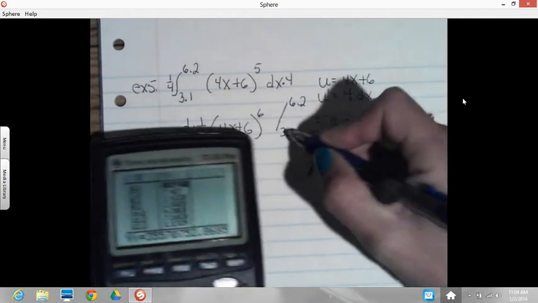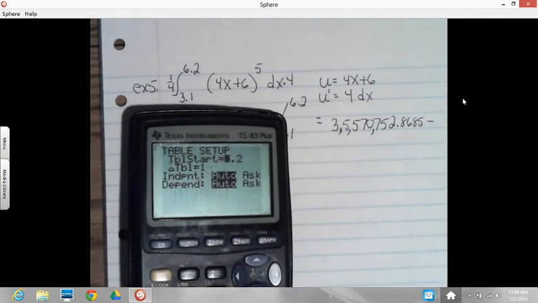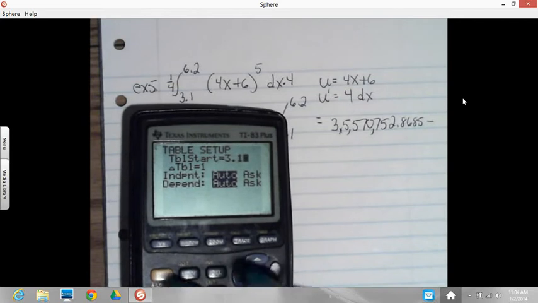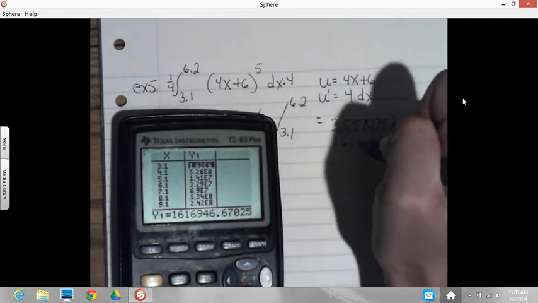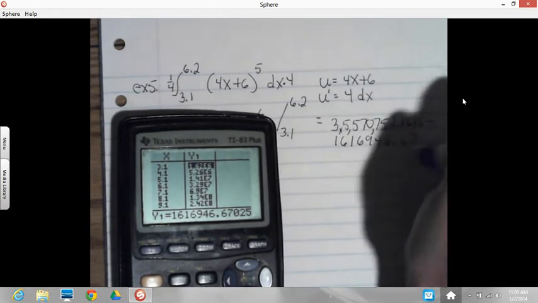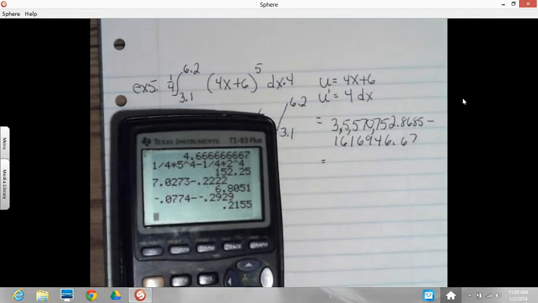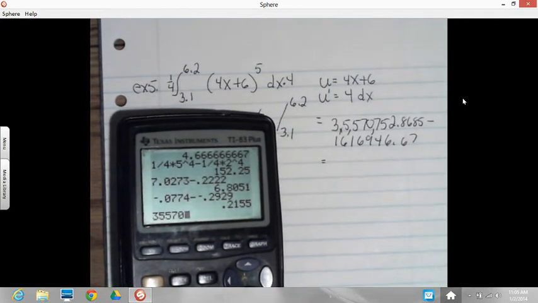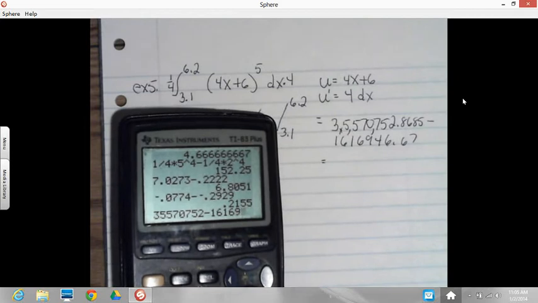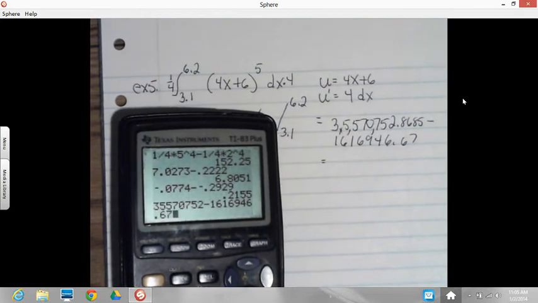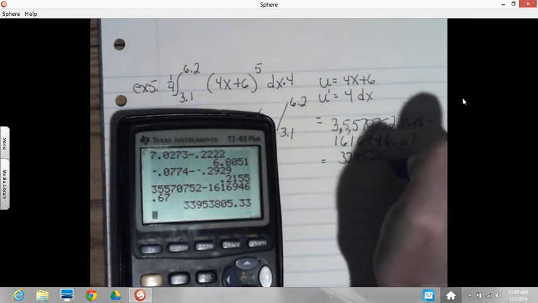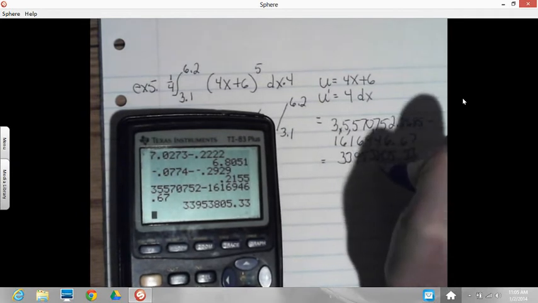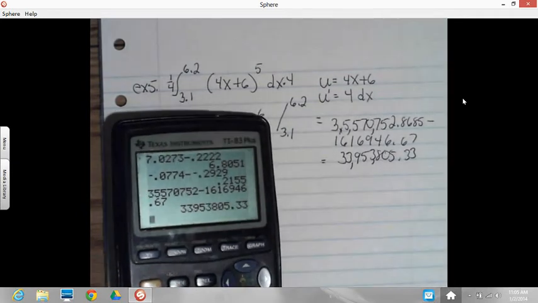Now I want a 3.1. So go back to table set, put in the 3.1, grab that value. 1,616,946.67. So 35,570,752 minus 1,616,946.67 is 33,953,805.33. Lots of room for mistakes in there. Big numbers.